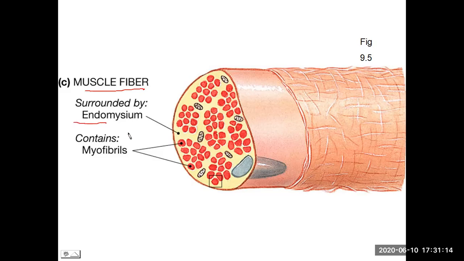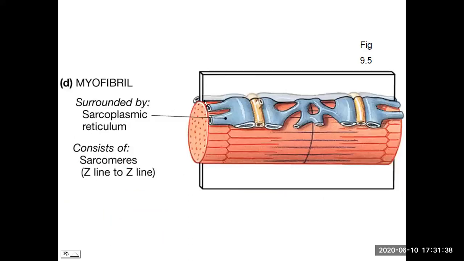And leading back to about where we started, one cell containing multiple myofibrils. One single myofibril is segmented from Z line to Z line into multiple sarcomeres. And that's what we see here.